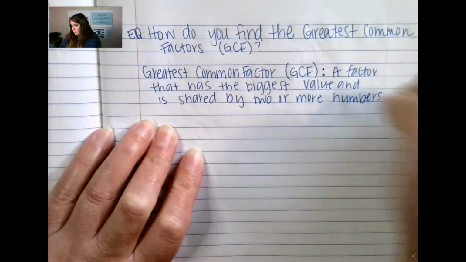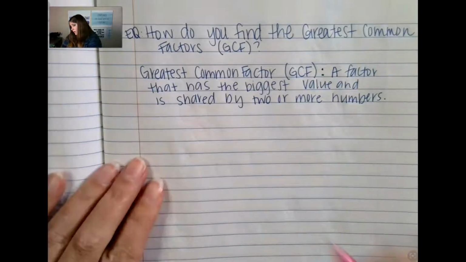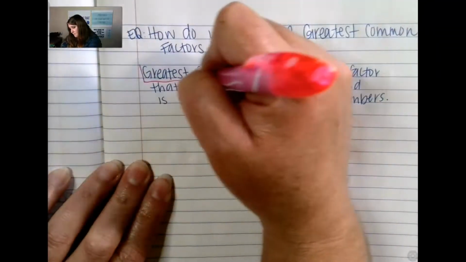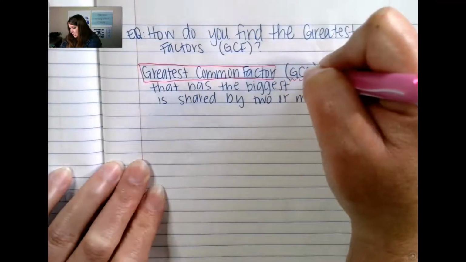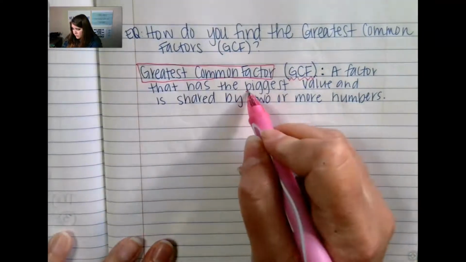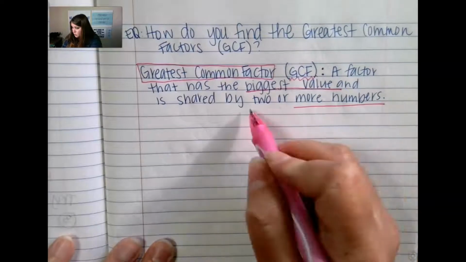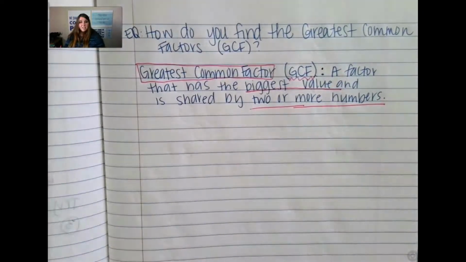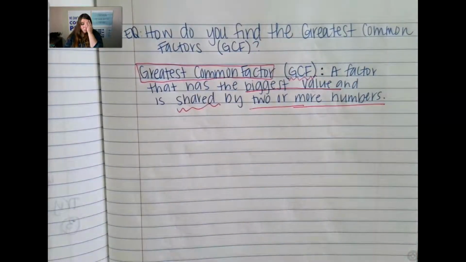Whew, that was a big definition right there. We're going to look at the greatest common factor, also known as the GCF. What's most important here is that it's the biggest value of two or more numbers. It's what they share. Let's underline shared as well, because that's super important.